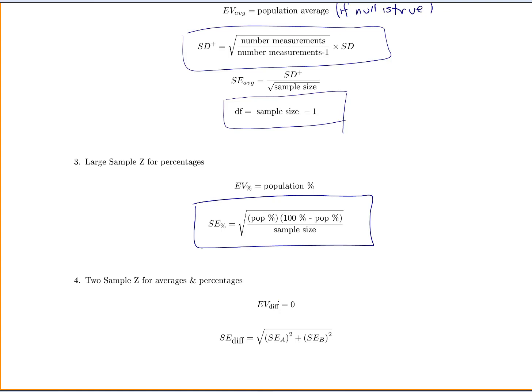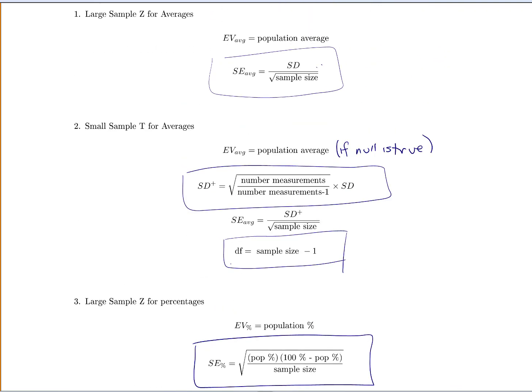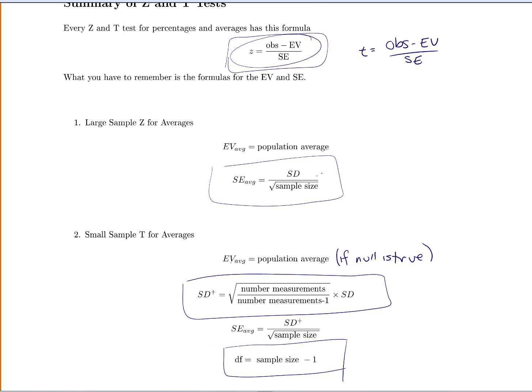If you wanted two sample tests, we actually use the same formula for averages and percentages, so it makes it easier. Your expected value for your difference will always just be equal to 0. And the standard error for your differences is the square root, and you do the first standard error squared plus second standard error squared. So again, just to point out, they all use the same basic formula.